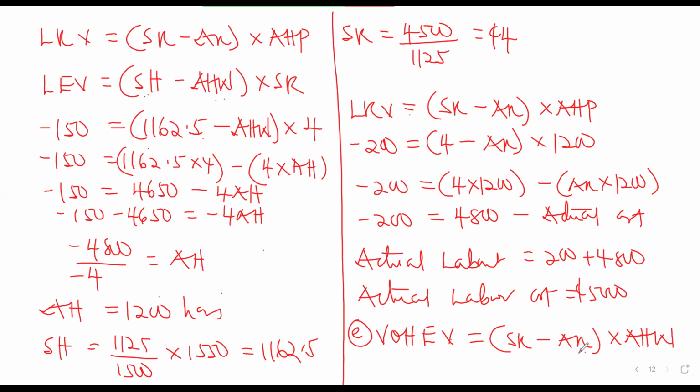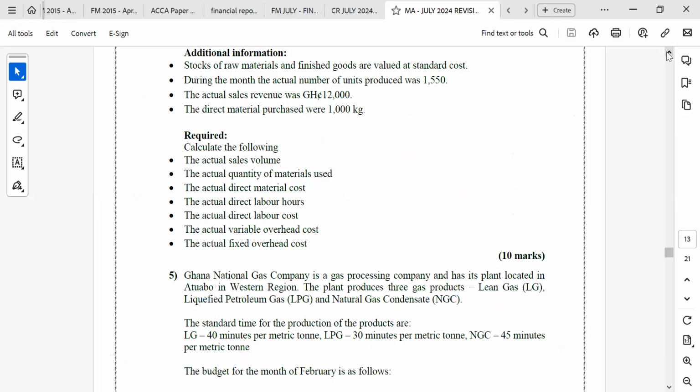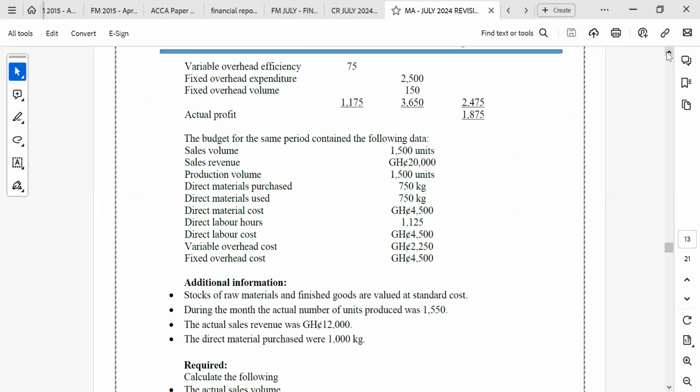So let's come to their standard rate. Can we calculate their standard rate in the question? Yes, we can do that. What is the standard rate for variable overhead cost? This will be based on labor hours. The standard rate is 2, from 2,250.